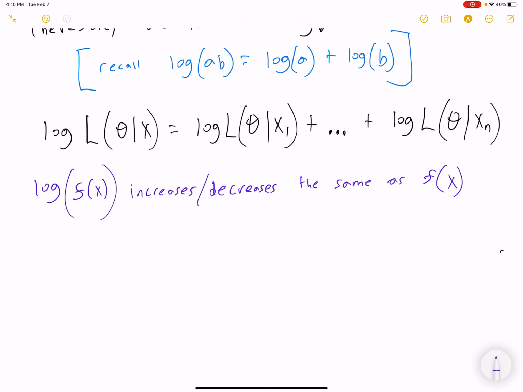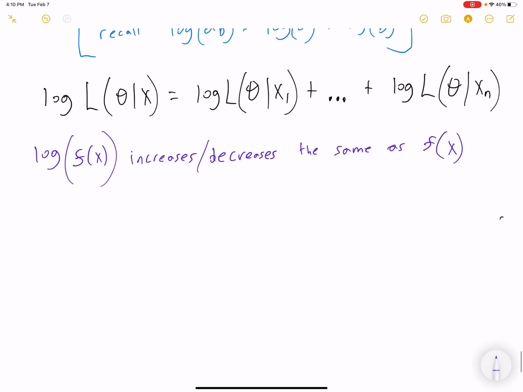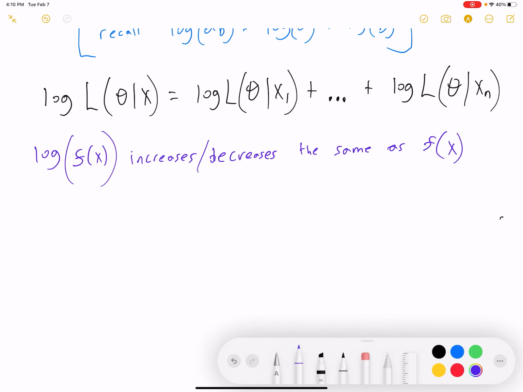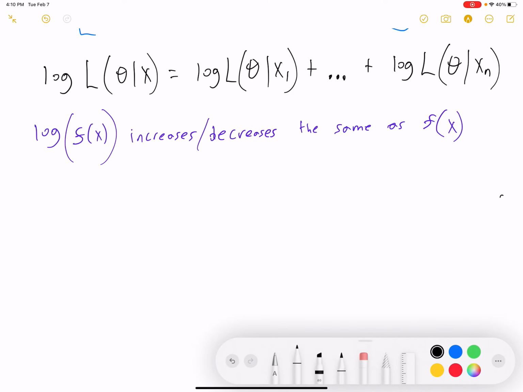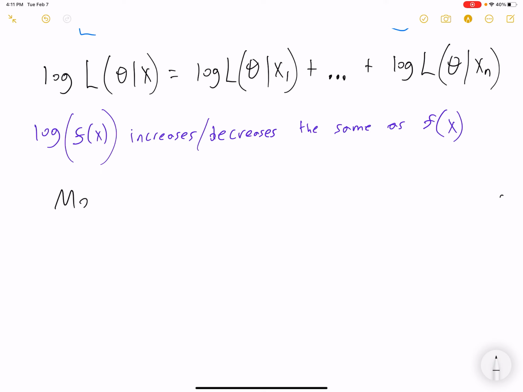So if the original function increases, then the log of it will increase. If the original function decreases, the log of it will decrease, which is really convenient because now, let me just give you the rule of maximum likelihood estimation.